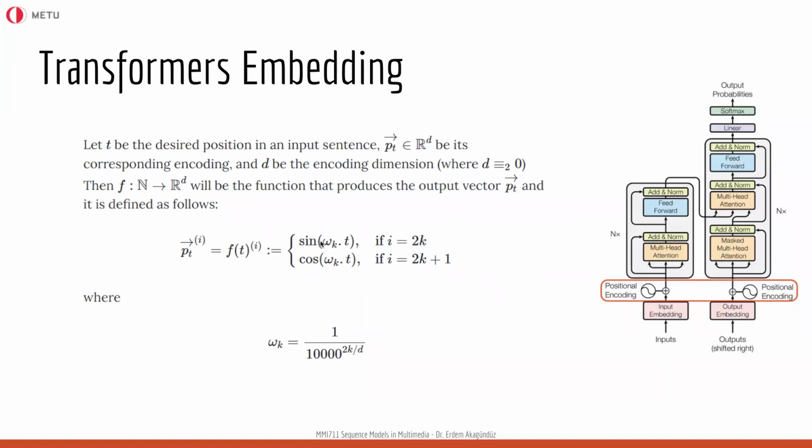We give a sine wave with frequency omega times t. Which means for each position, if I have a sine with a frequency, for the next I'm going to have sine with 2 times the frequency, and for the third one I'm going to have a sine wave with 3 times this frequency.